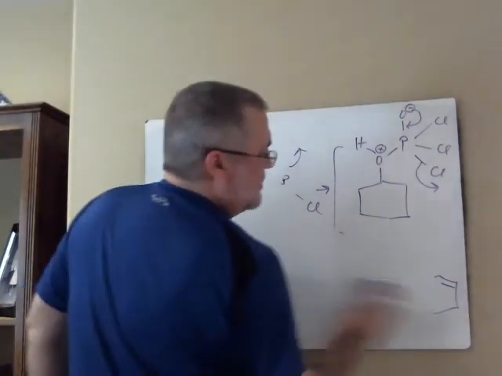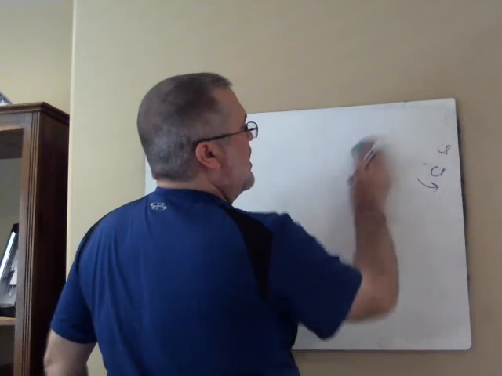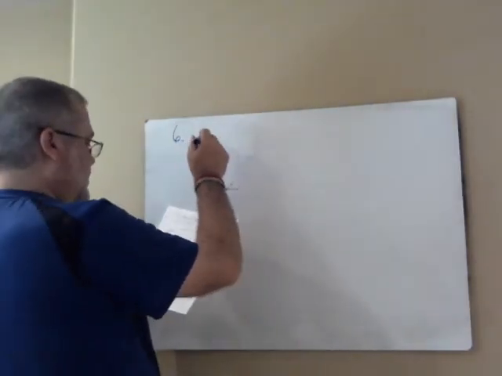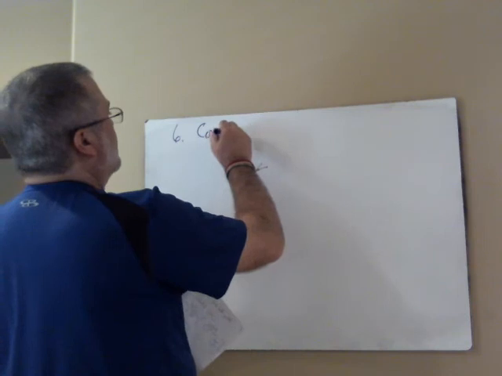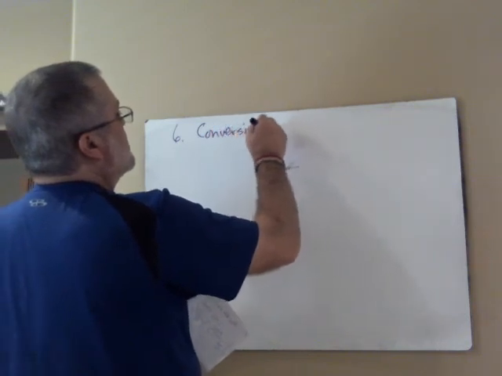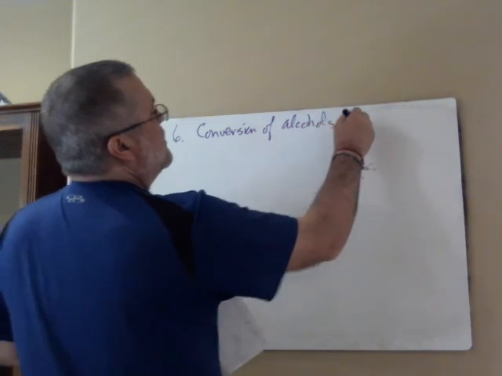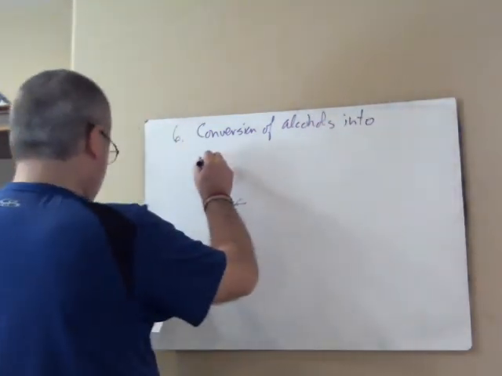Okay, we've seen 2 ways, acid catalyzed and POCl3. And that brings us to our next reaction, which is conversion of alcohols into alkyl halides.